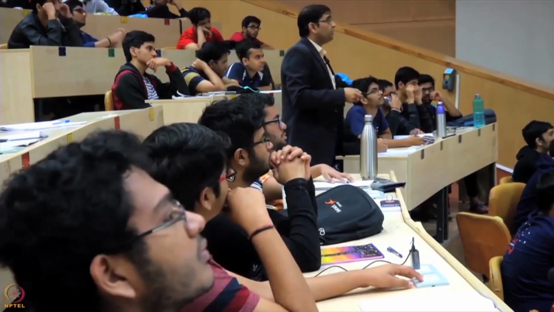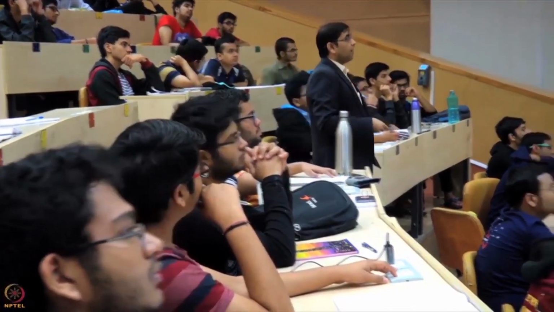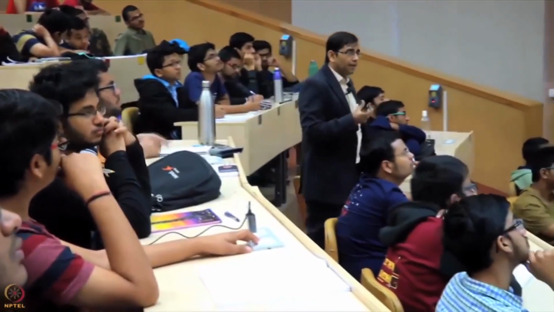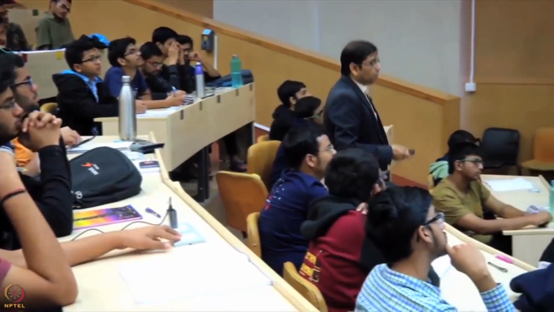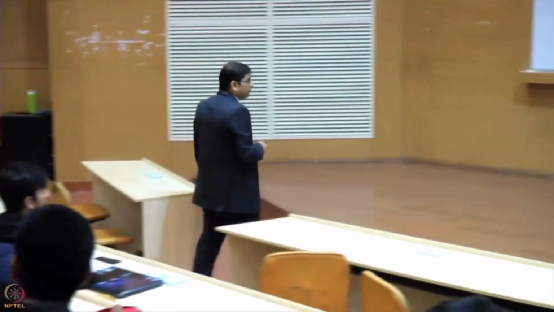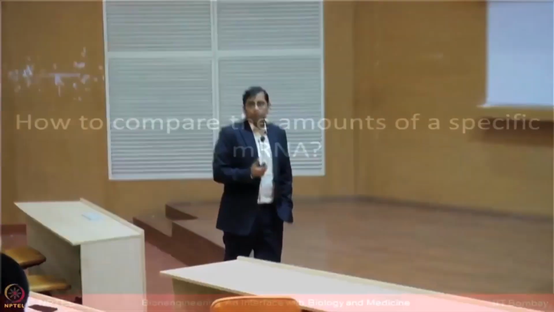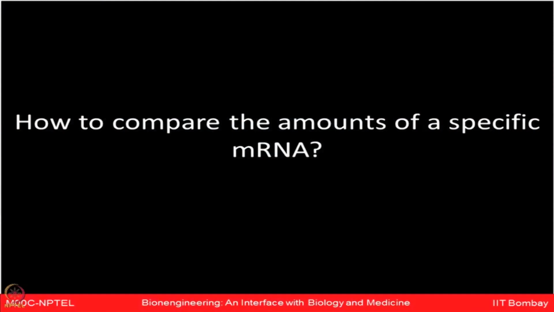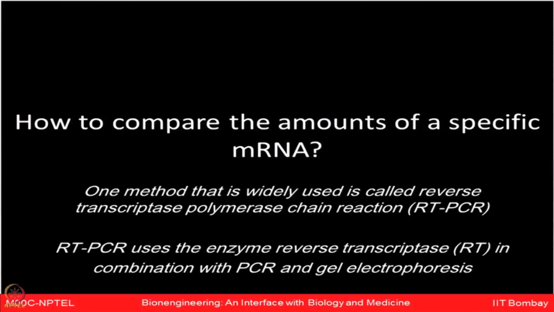So now if your interest is to look at a large number of mRNA comparisons, as I said, from disease conditions versus healthy individuals, there are many methods which are being used in addition to what we just talked about. One method is also based on the polymerase chain reaction, but that method is reverse transcription polymerase chain reaction, which is RT-PCR.